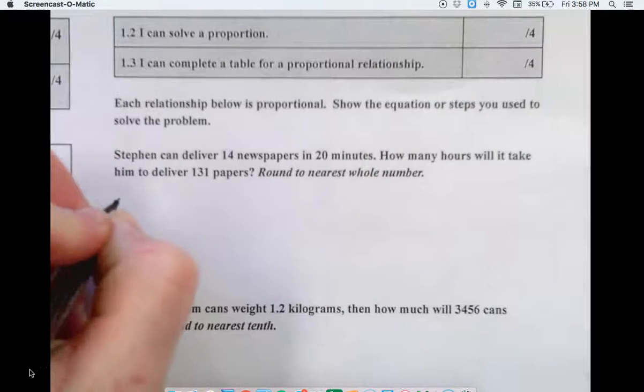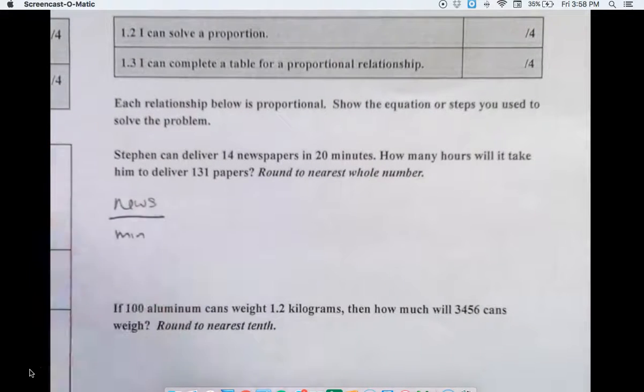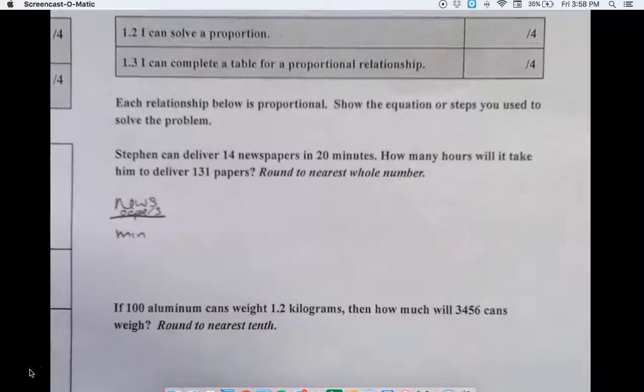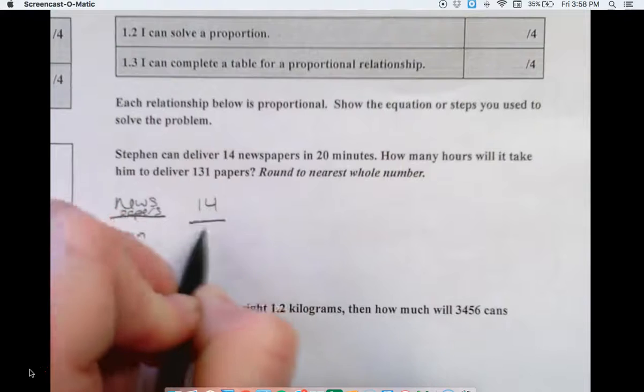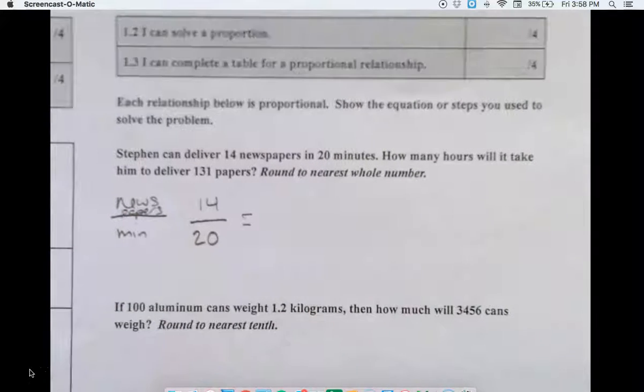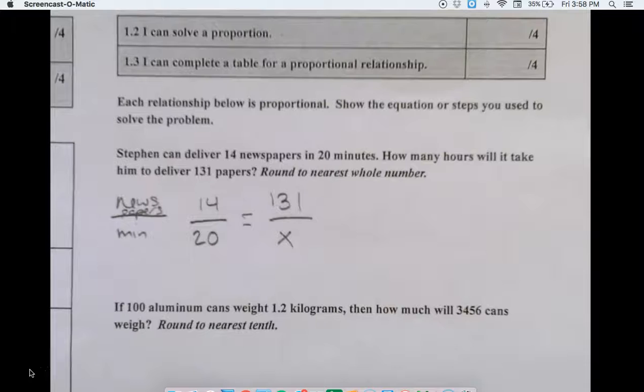So we've got newspapers and minutes. So I have 14 newspapers in 20 minutes. How many hours will it take him to deliver 131 papers in X minutes? Okay.